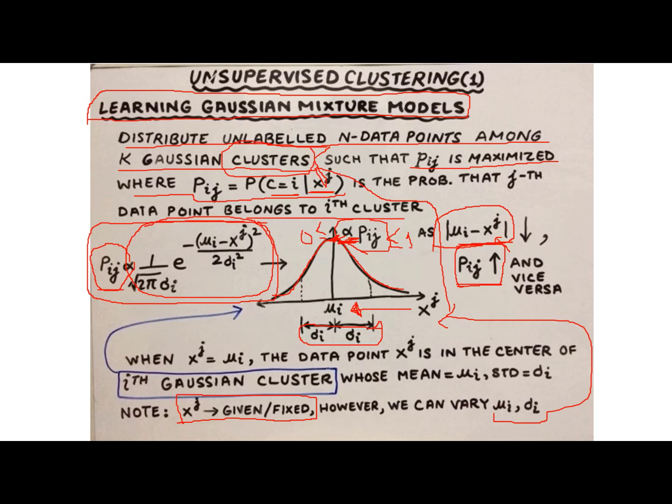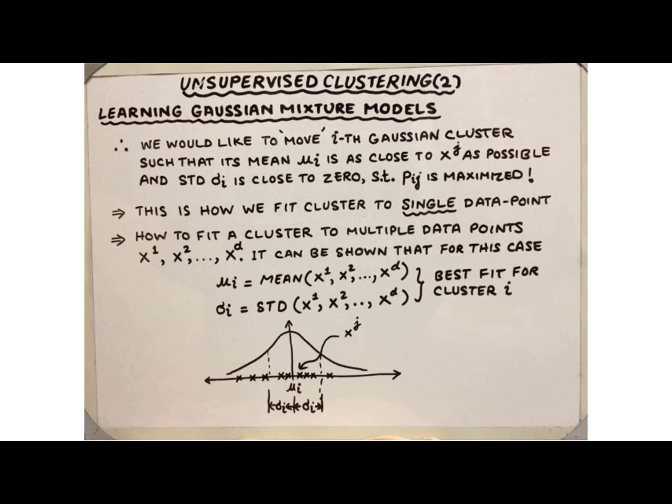The word Gaussian cluster will make more sense in the next few slides, so just hold your horses for the moment. One of the things that we have learned over here is that we would like to move the Gaussian cluster so that its mean is as close to the data point value xj as possible, and the standard deviation sigma I is close to 0, and that is when Pij has a maximum value.